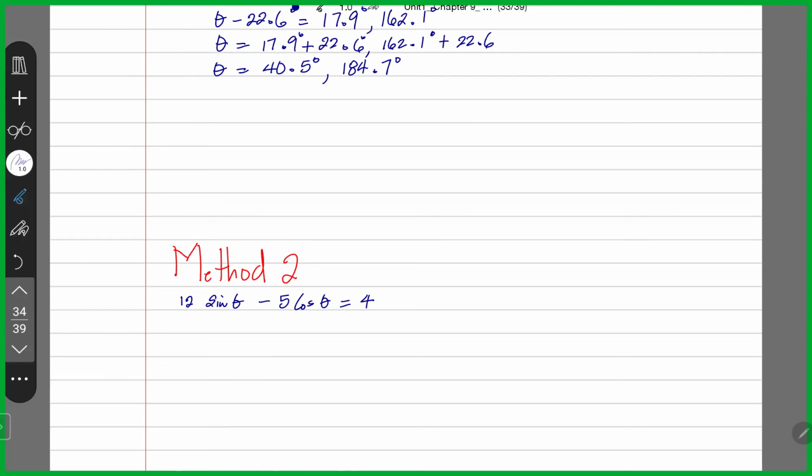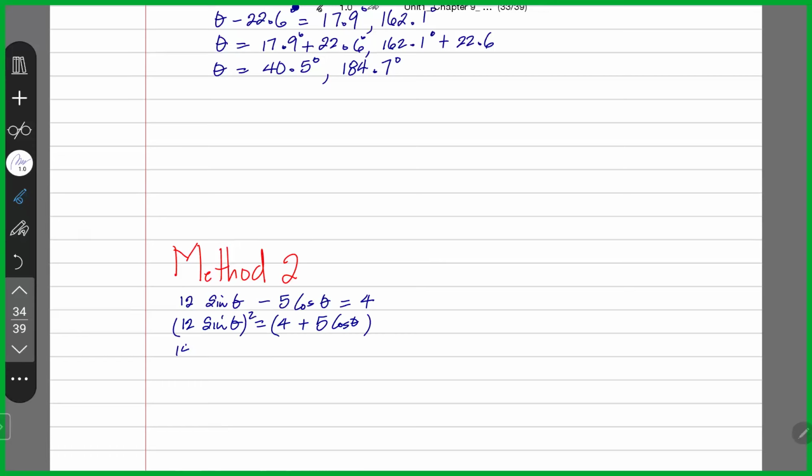If I'm not mistaken, how did they do this? I could be wrong. Let's say that 12 sine theta is equal to 4 plus 5 cos theta. I think what they did next is that they squared both sides. So let's square both sides and see what will happen.